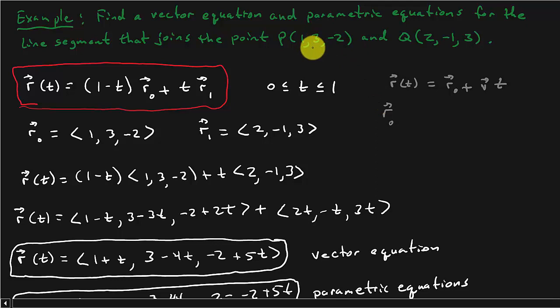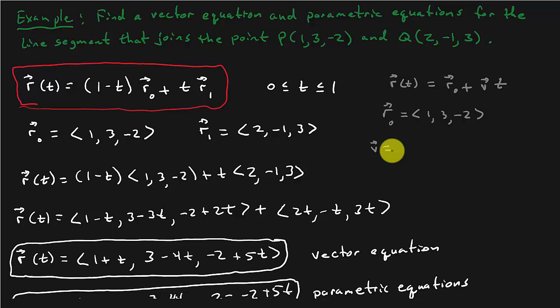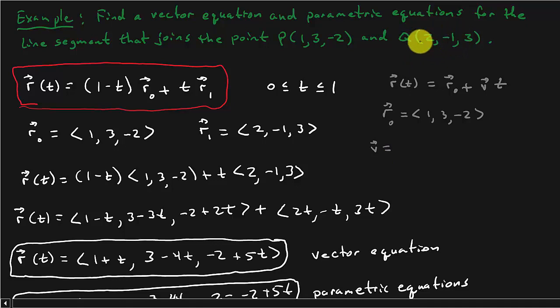So we've got r naught is this (1, 3, -2). And vector v, what is that? That is parallel to the line, so we need the direction of it. Remember, it's this point minus this point. So it's going to be (2 minus 1, negative 1 minus 3, and 3 minus negative 2).